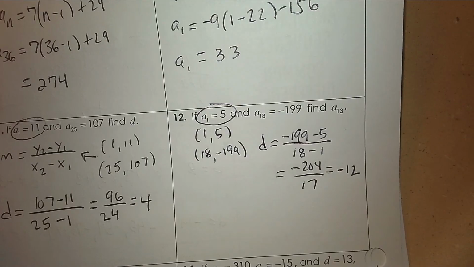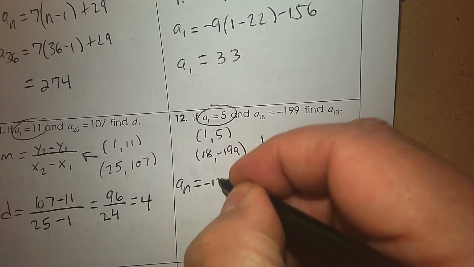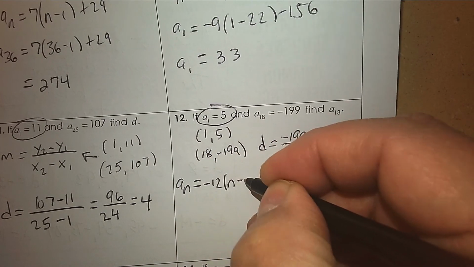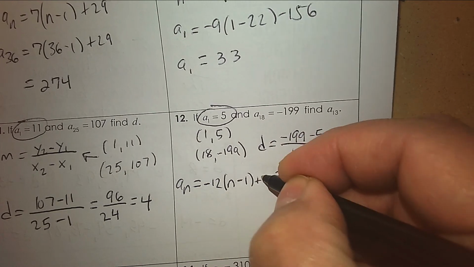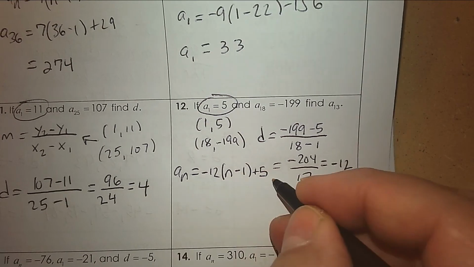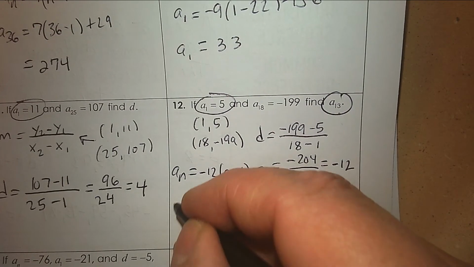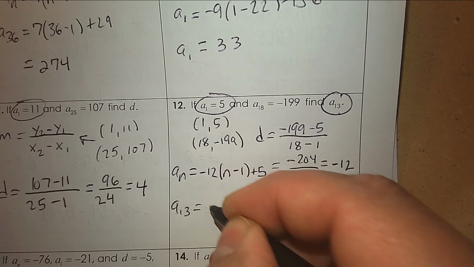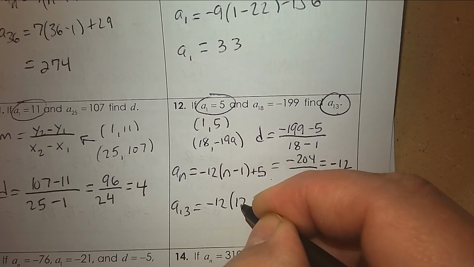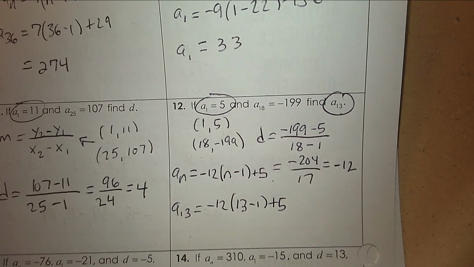So what would the rule be? It would be negative 12 times (n minus 1) plus 5. And then once you have a rule, what am I looking for? The 13th term. So now that you have the rule, plug in 13 and you get your answer.